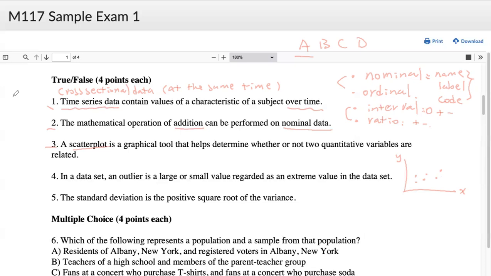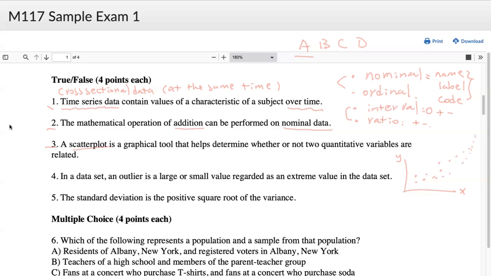If the scatter plot goes like this, we see a positive linear relationship. Or if we see a little bit of a curve, it could be linear or non-linear, but the relationship is positive, which means as the x value grows bigger, the y value grows bigger. Those two go hand in hand.